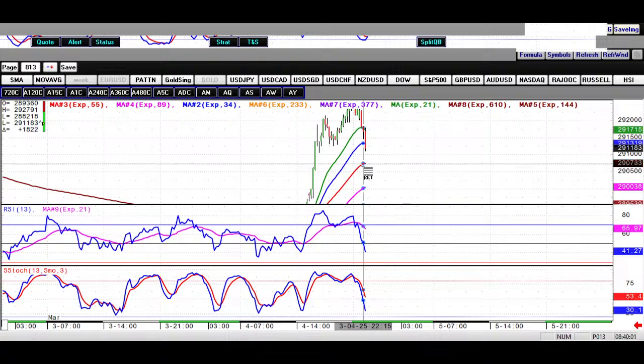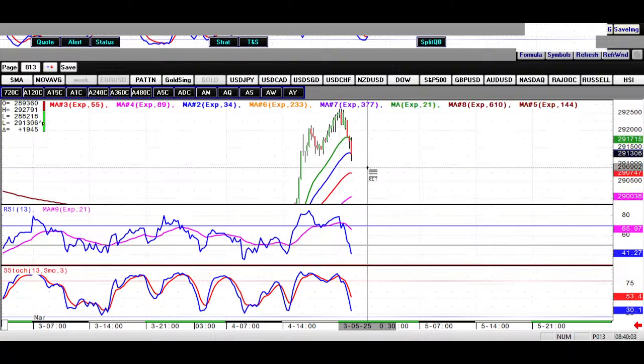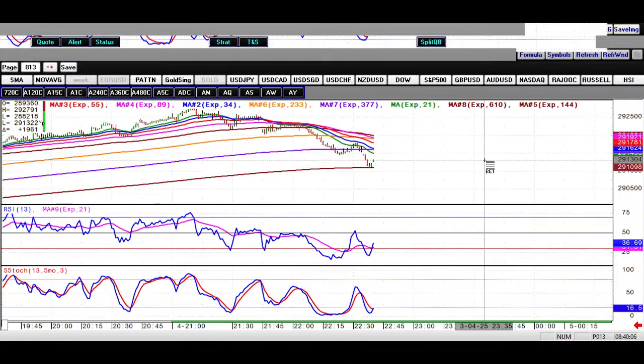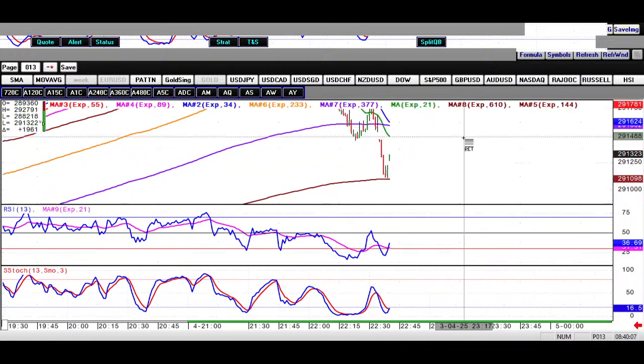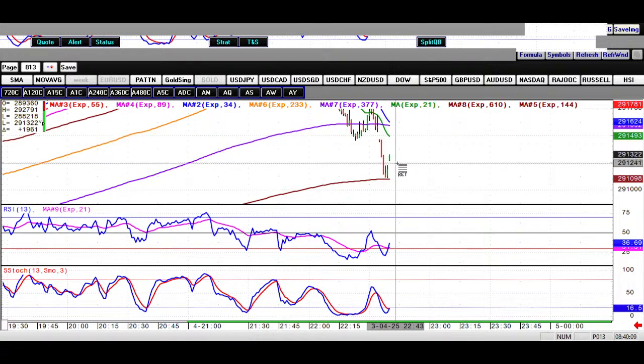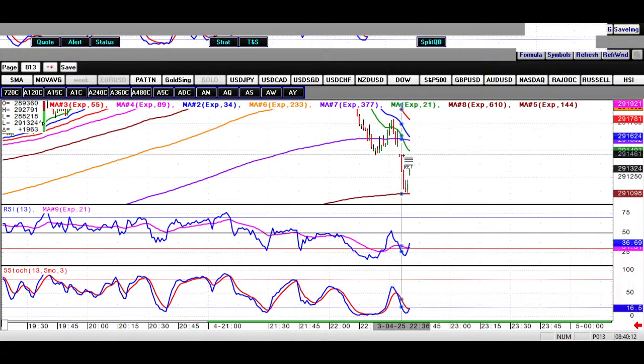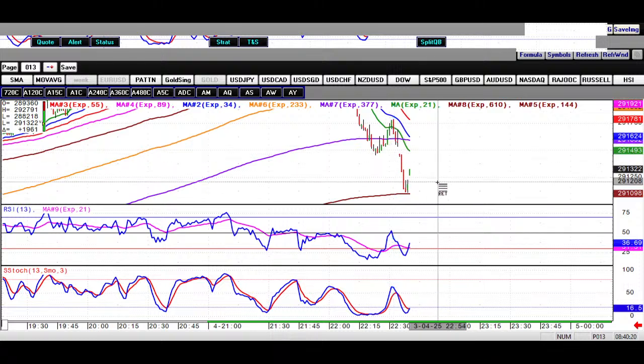Then the third one is the 1 minute chart. See, this is not a good sign. When you see weakness, we should see price making lower lows and lower highs, and we should see the candlesticks continuously red.